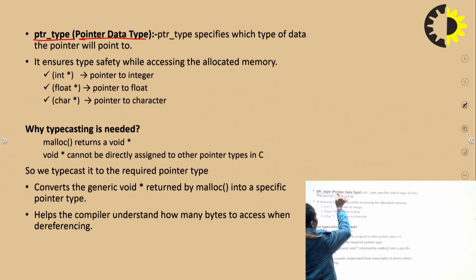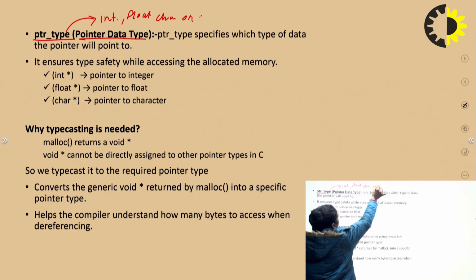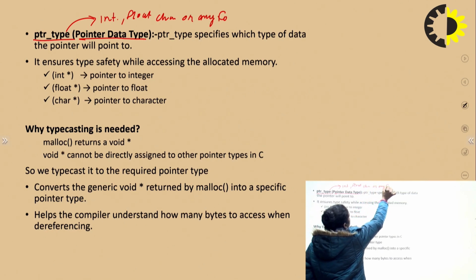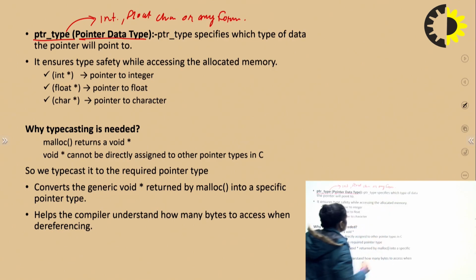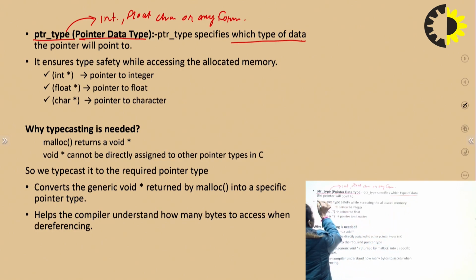Now this pointer data type may be an integer type, float type, char type, or any form. How? Let's see in this. ptr type specifies which type of data the pointer will point to.